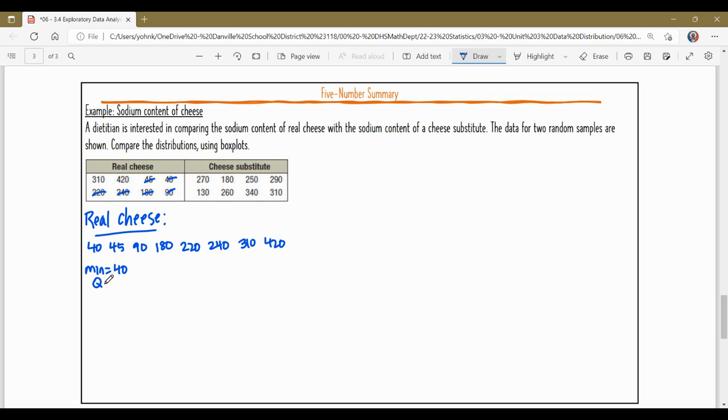Then there's 1, 2, 3, 4, so I split it in the middle. That's going to be my Q2. My median is going to be in between 180 and 220. So 180 plus 220 divided by 2. So my median is 200.